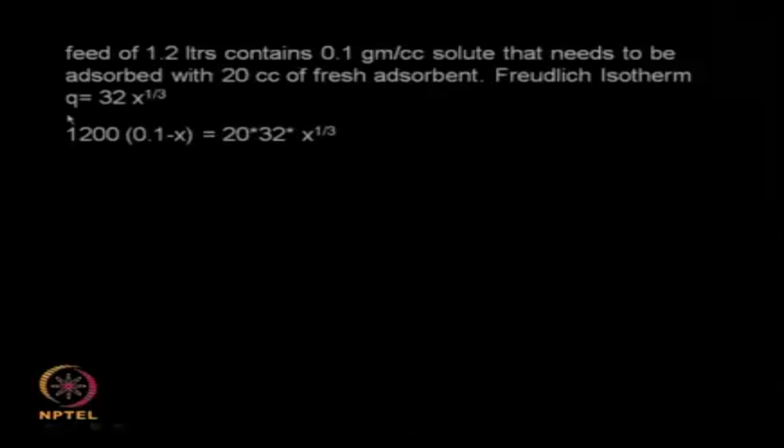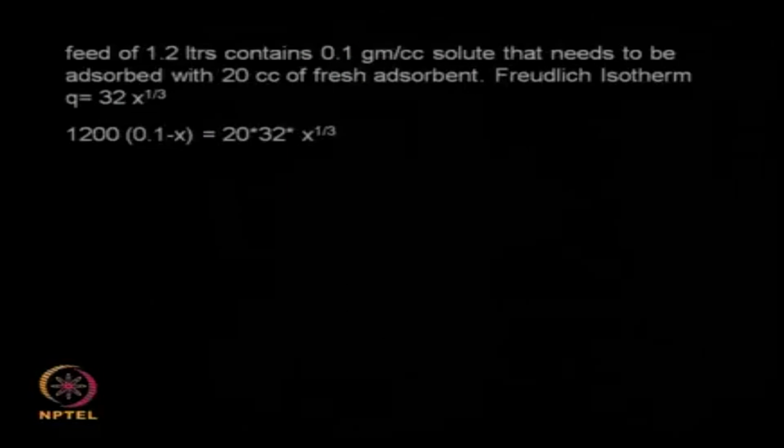The Freundlich isotherm is given by Q equal to 32 x raised to the power 1 by 3, where x is the concentration of the solute in the solution in equilibrium with the adsorbent.